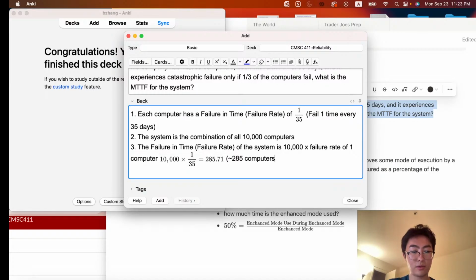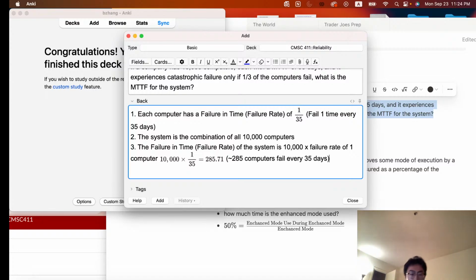And 285 computers fail every 35 days. Yeah, I don't think this one's right, actually.